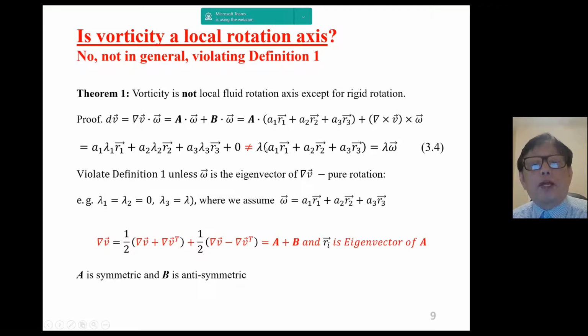We can take it out only if lambda 1 equals 0, lambda 2 equals 0, and lambda 3 equals lambda. In such a case, the fluid is pure rotation or rigid rotation. So in general, the vorticity vector cannot be the local rotation axis.